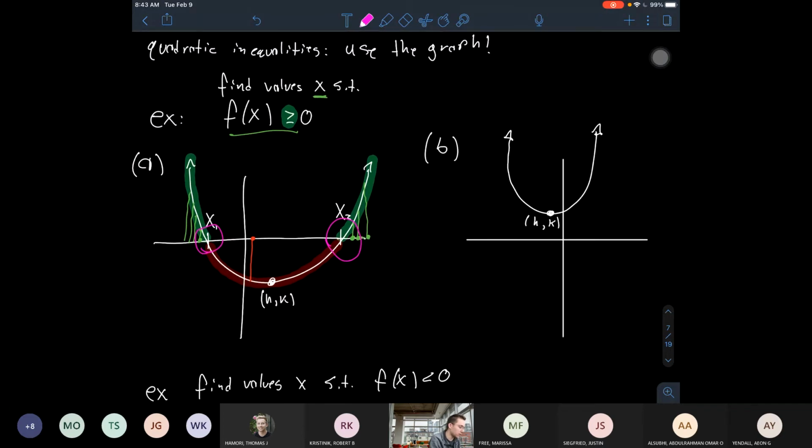It's just going to be all the x values which are to the right of x2 or to the left of x1. So in this example, my answer would be x in negative infinity comma x1, union, and I should actually use a bracket here.